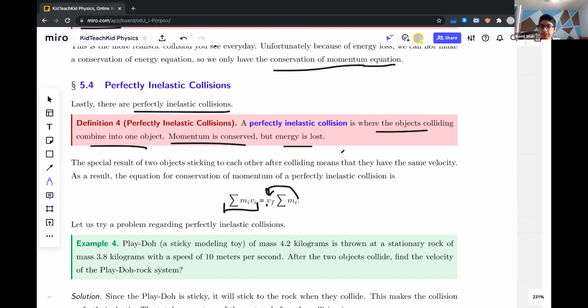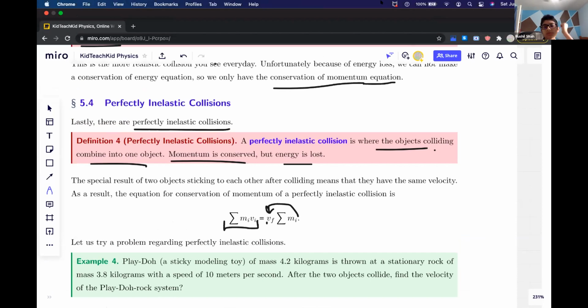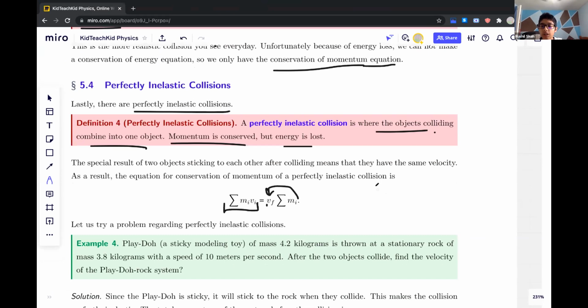Okay, so I see some good answers. Okay, so let's try doing the problem.